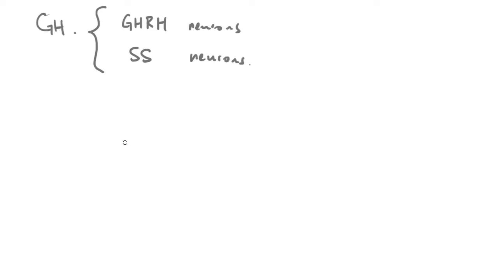So what happens is that we have somatostatin and we have GHRH. They do opposite actions in activating or inhibiting GH. So the SS would inhibit the release of GH, and GHRH would stimulate the release of GH.